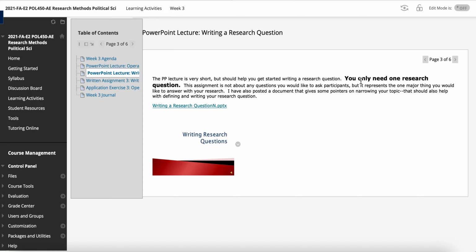Now, I have it highlighted here even that we only need to write one research question. So make sure that you find a question, and this might be one of those assignments that when you submit this week, we might have to readdress. Don't think that this is going to be a one and done. This research question that you write is going to be the most important piece of your paper because everything's going to build upon this.